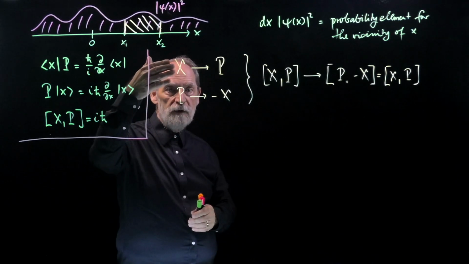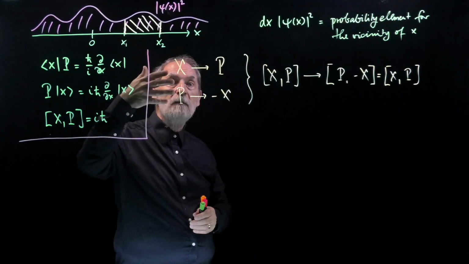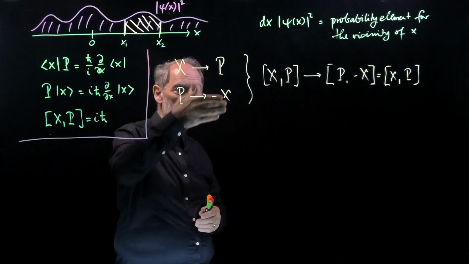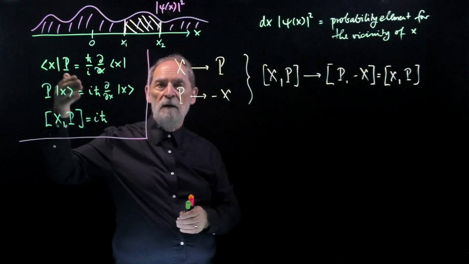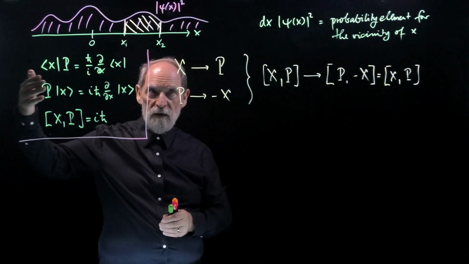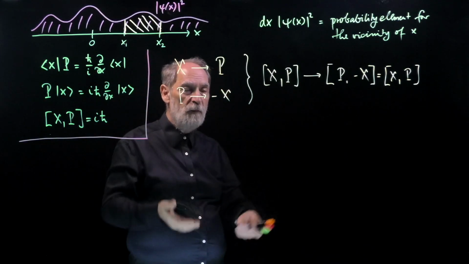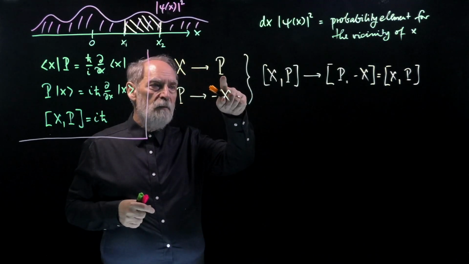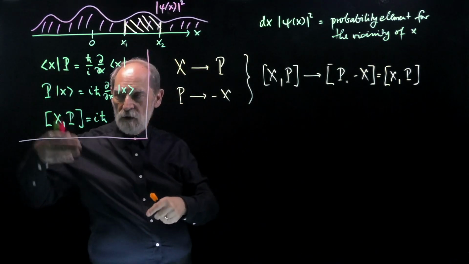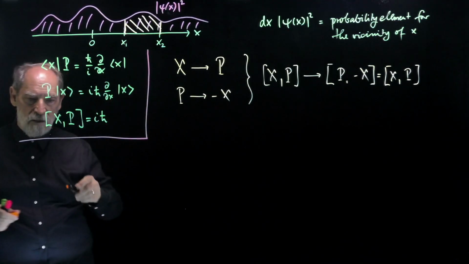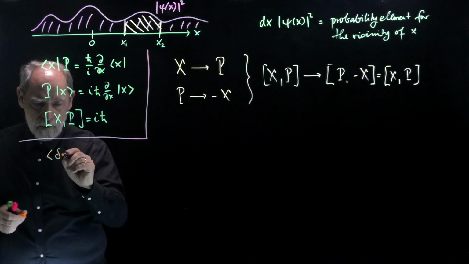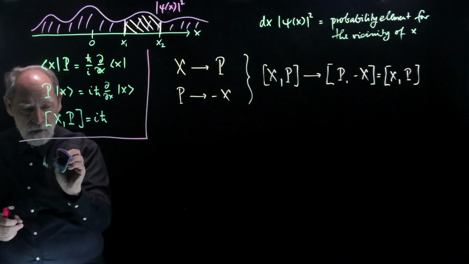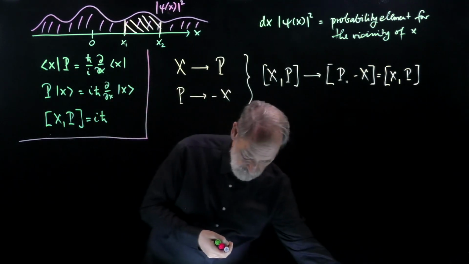If I talk about position and momentum, then by this transformation, position turns into momentum, momentum turns into position, which also means that what were position states before, if I do this transformation, they become momentum states. Which is to say that we also have momentum eigenstates, which, like the position eigenstates, will be normalized to the Dirac delta function.